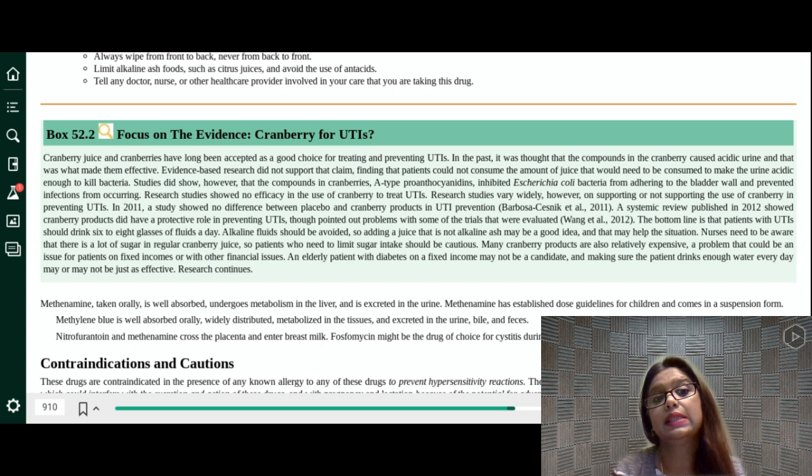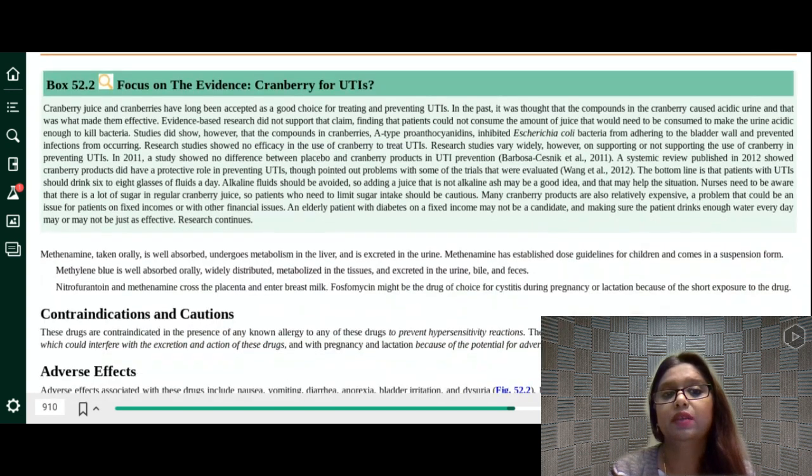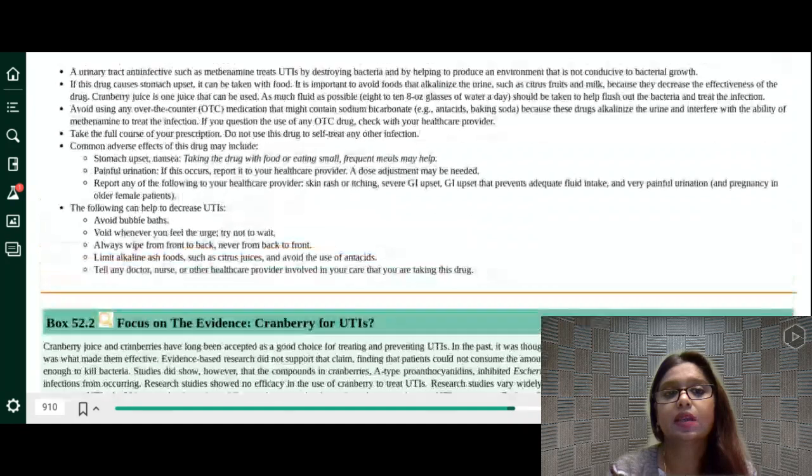And something called the acid ash diet. What is an acid ash diet? When we acidify urine, we give them more meats, and fresh fruits and fresh vegetables are high on acidifying urine, and also cranberries. So that is dietary treatment. We also tell them to drink lots and lots of water to flush the infection out. All right. So that is our dietary management for urinary tract infections.